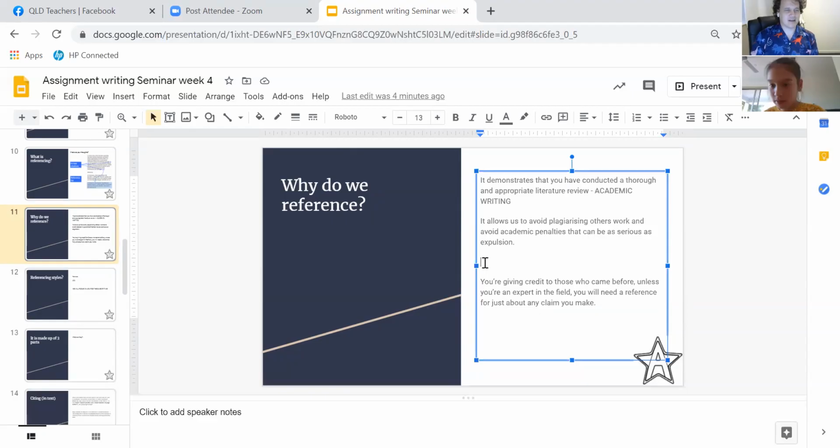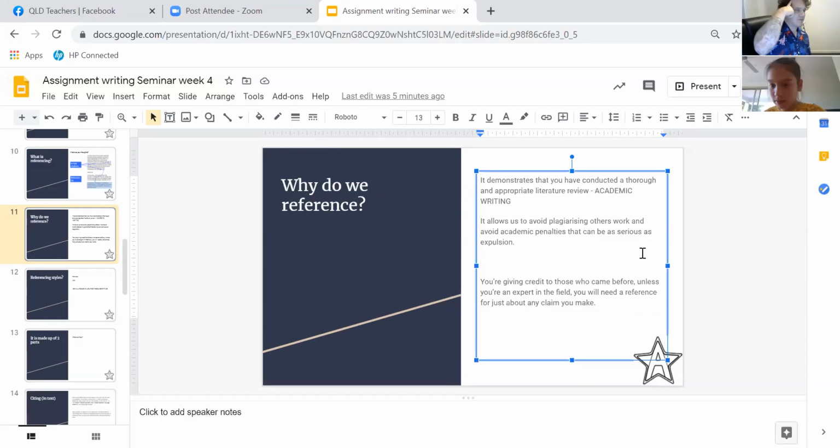On the other end of the scale, lots of people do it with numbers in a list. As you get into higher grades, they will specify which referencing style they want you to use. And different subjects have different requirements. So we're giving credit to those that came before.